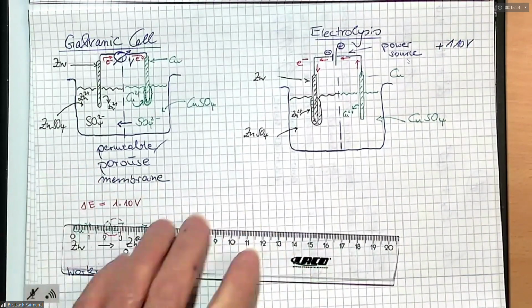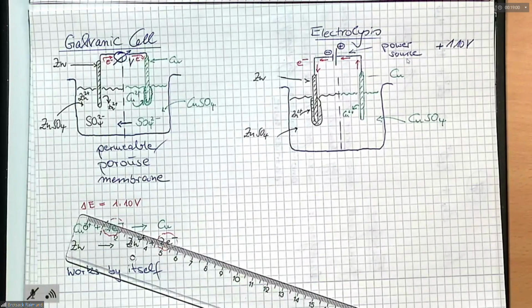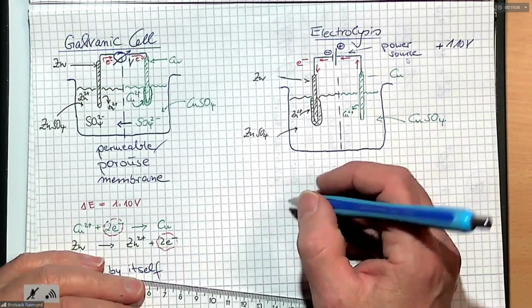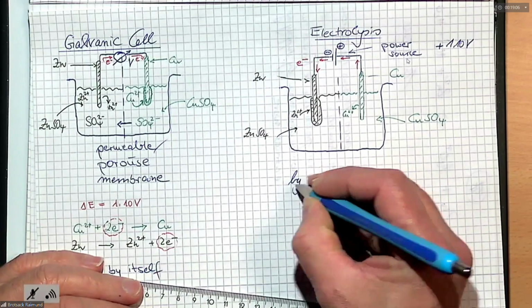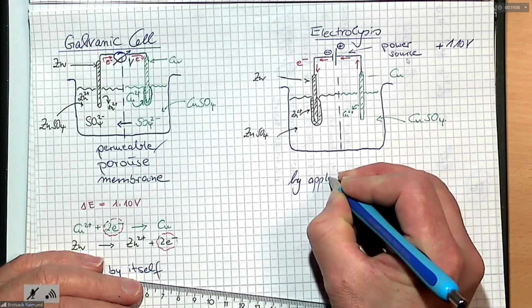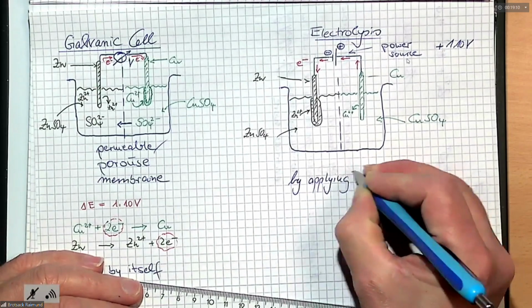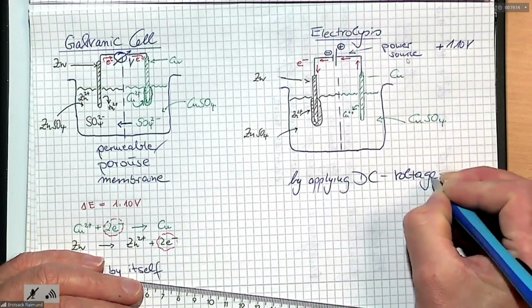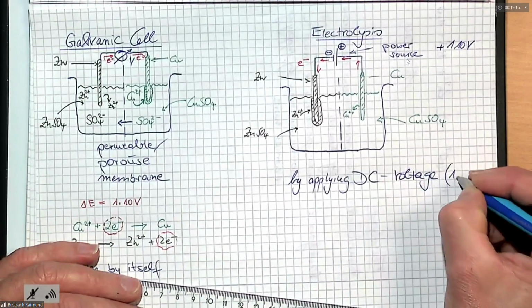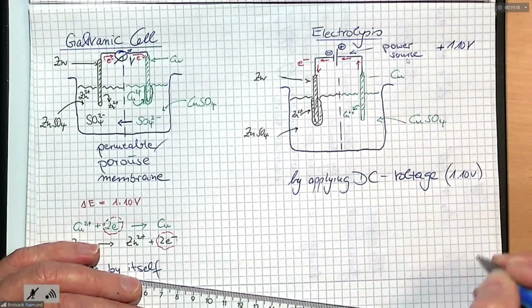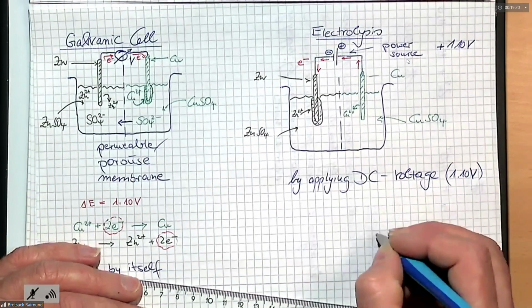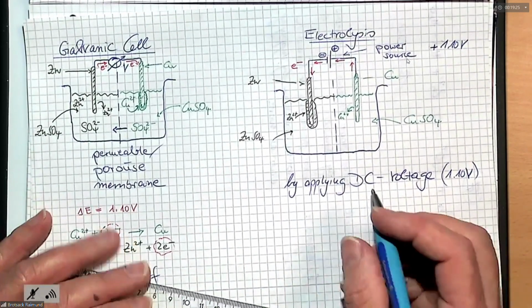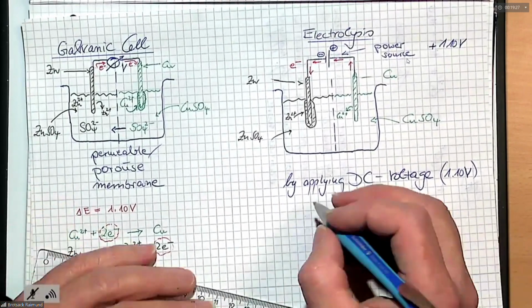And that is what we call electrolysis, by applying DC voltage. And this is the 1.1 volt. The inversion of the reaction occurs.